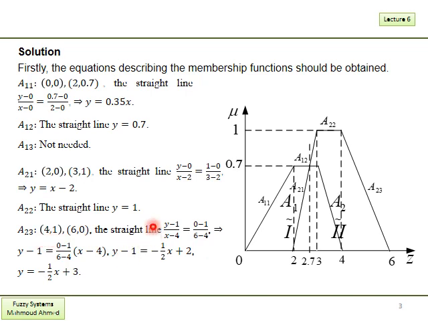Simply by cross multiplication, we get y is equal to minus half multiplied by x plus 3, where minus half represents this negative slope of the straight line, and 3 is the point of intersection between the extension of this line with this mu axis.